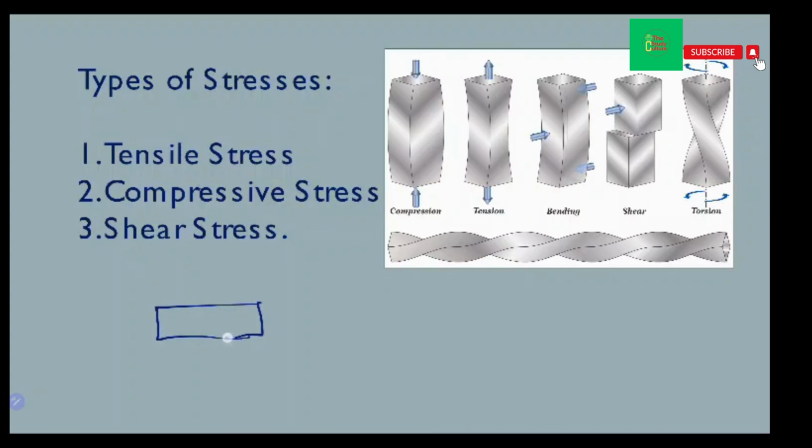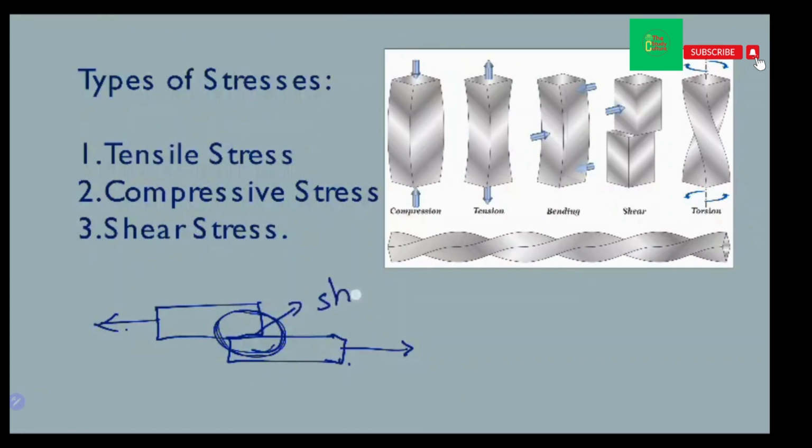Let me explain you. These are the two equal and opposite forces in nature acting tangential to each other as a resisting of a section, as a result of which the body shears across this section, and shear stress will occur.